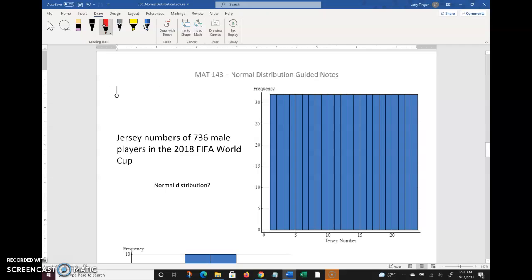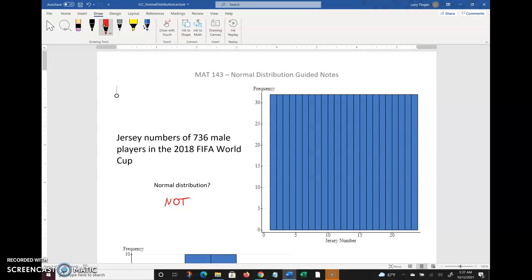shows the frequency of the numbers of soccer players in the FIFA World Cup. There are 736 players in here. This data is not normally distributed. This data has a uniform distribution. And the reason for that is there is no value that everybody gets, or there's no number that everybody wants, and then more people want the numbers directly around that.